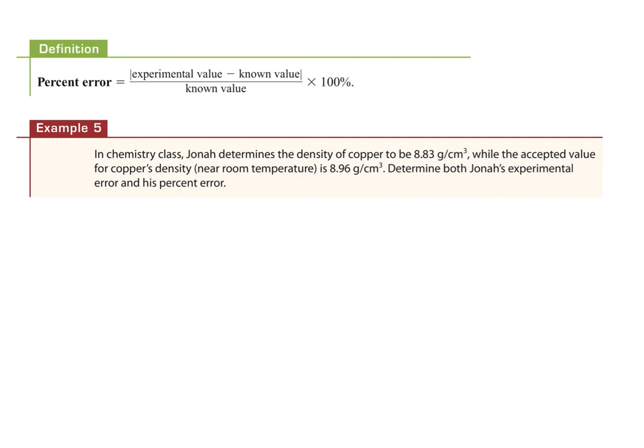All right, so experimental error is going to be his experimental value minus the known value. So what he got versus what he was expecting to get. In this case, he got 8.83.